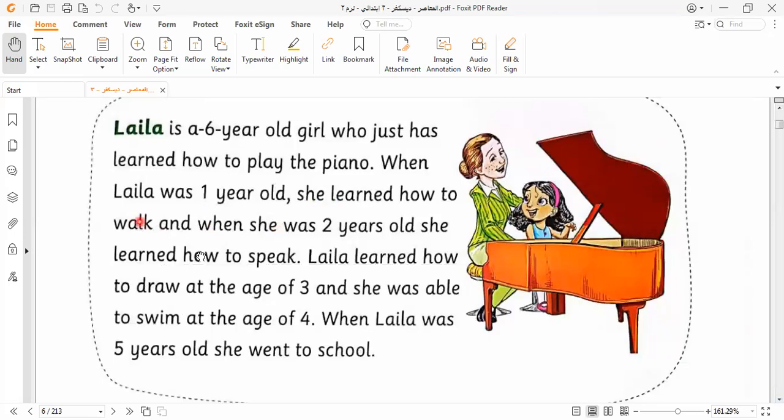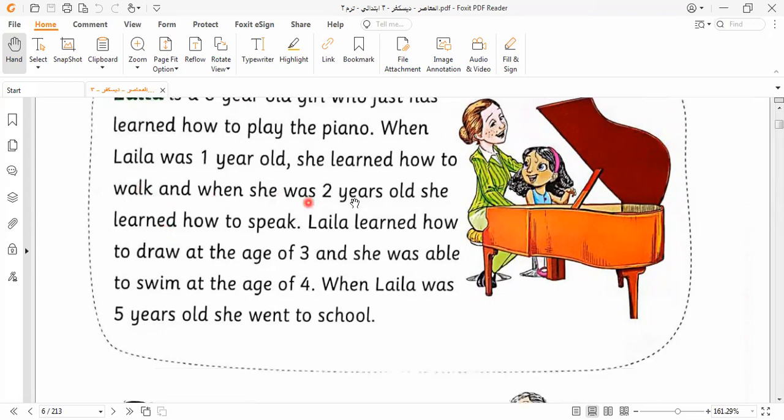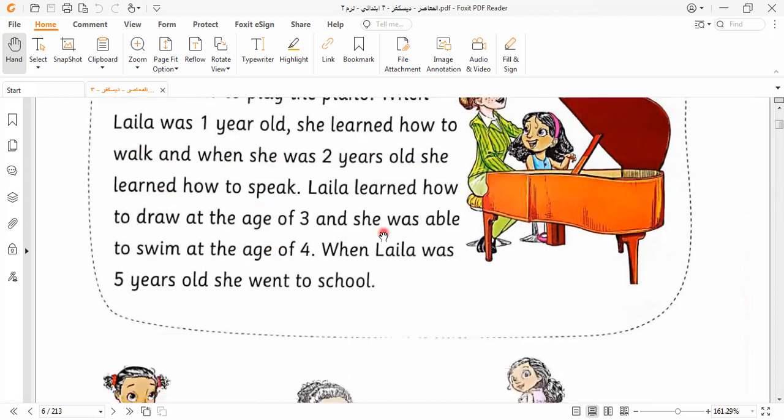Number two, when she was 2 years old, what was Layla doing? She learned how to speak. So 1 year learned to walk, 2 years learned to speak. At the age of 3, Layla learned how to draw.